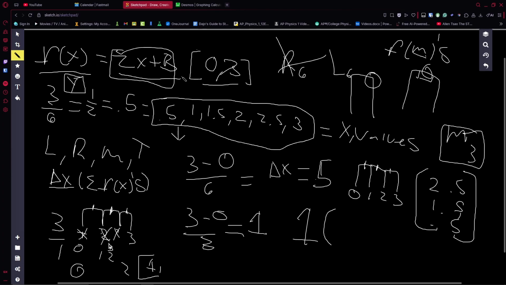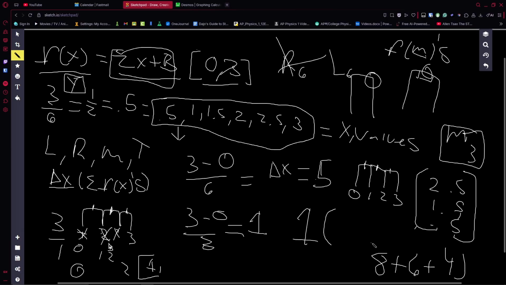2x plus 3. So we have 2.5 times 2 is 5, plus 3 is that 8 value, I'm pretty sure. So 8 plus this 1.5, which is going to be 3 plus 3, which is 6, plus 0.5, which will be 1 plus 3, which is 4.